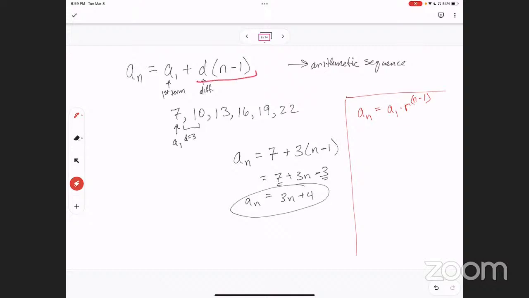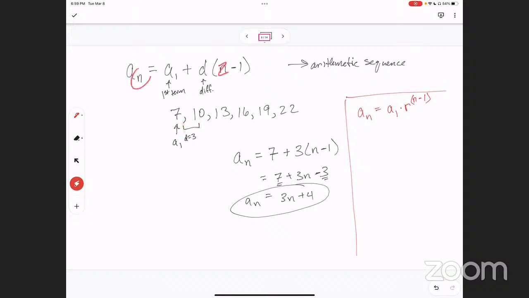The whole point of this is, what if n was 2? Look at the way that this works. If I'm talking about my second term, so my second term is 10, right? How many times do I add 3 to 7 to get to 10? Once. I added it 1 time.